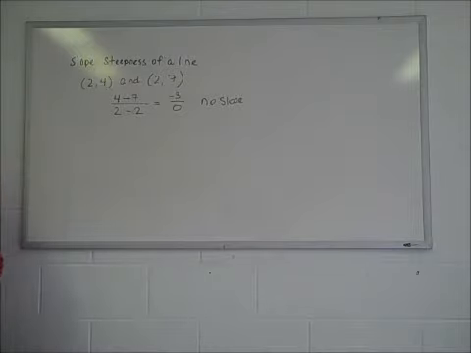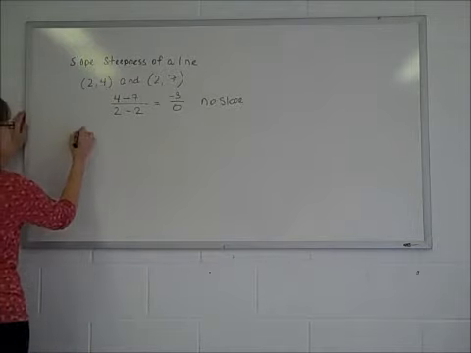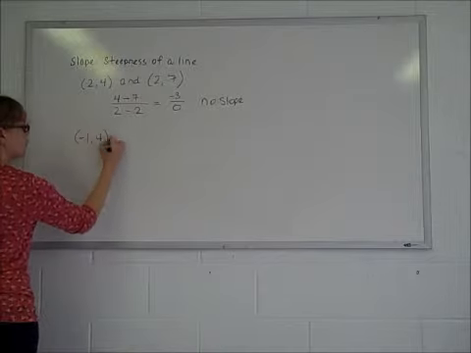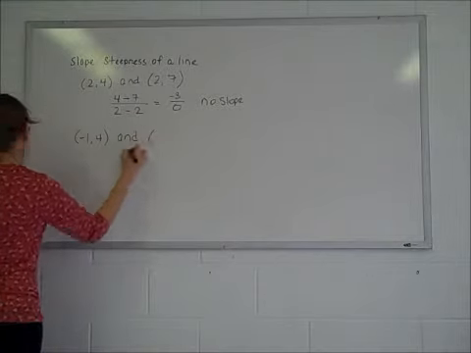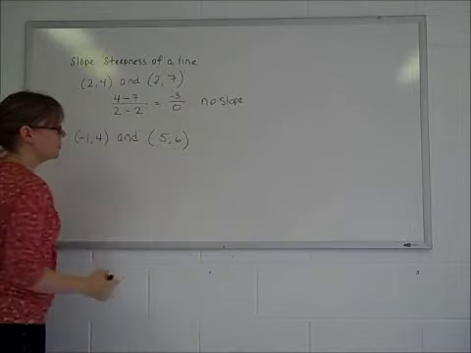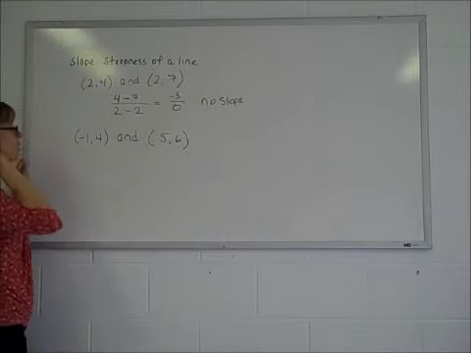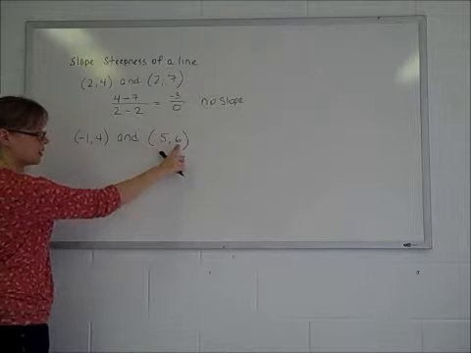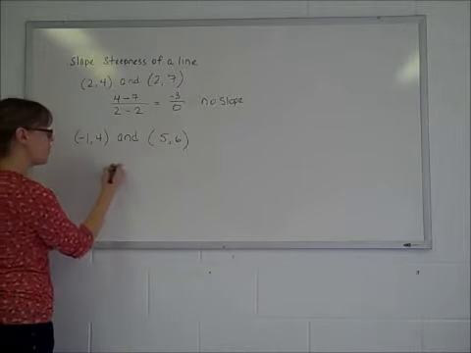Let's do one more example on these. Okay, so starting with a y, this time I'll start over here with the 6. It doesn't matter, it's going to work out the same no matter what.